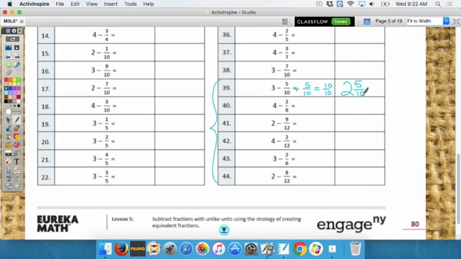No. What do I still need to do? I need to simplify it. So what's the answer to that one? 2 and 1/2, because 5 is half of 10, right? Okay, look at all of these. Yep, that's why we put a bracket around them.